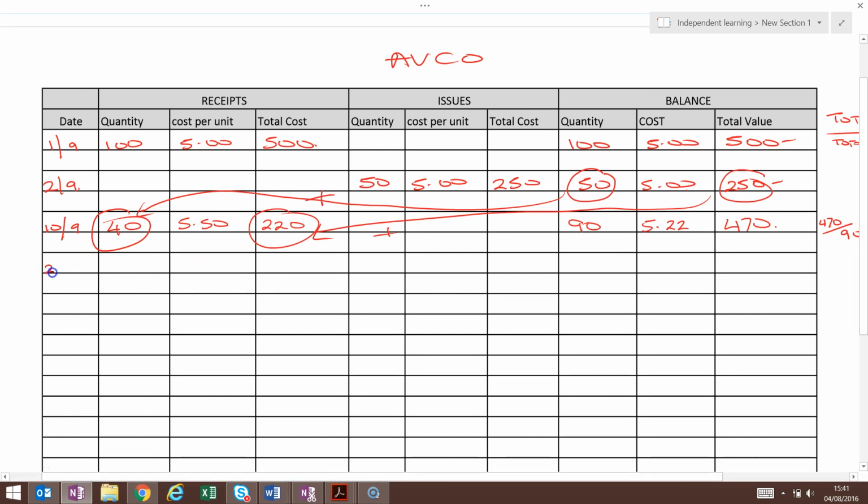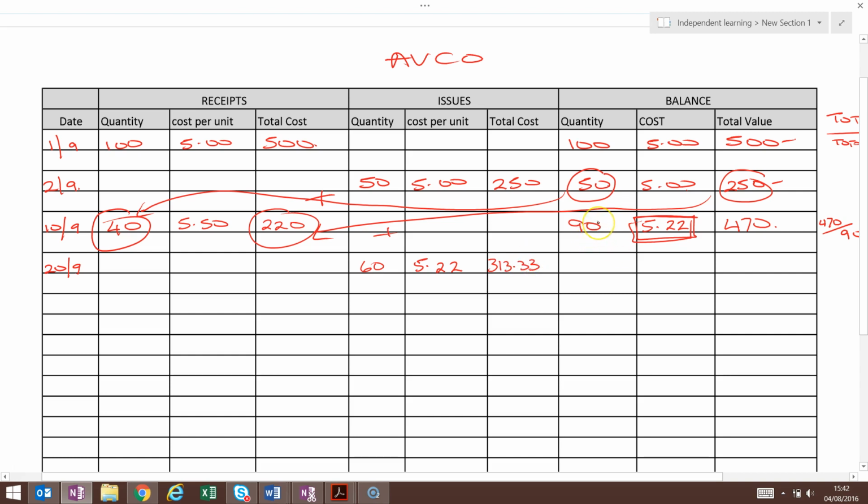On the 20th of September, we issued 60 units. Now we issue at the average cost, and we've just worked out the average cost, £5.22. So that's what we issue at. The 60 at £5.22 gives us £313.33.